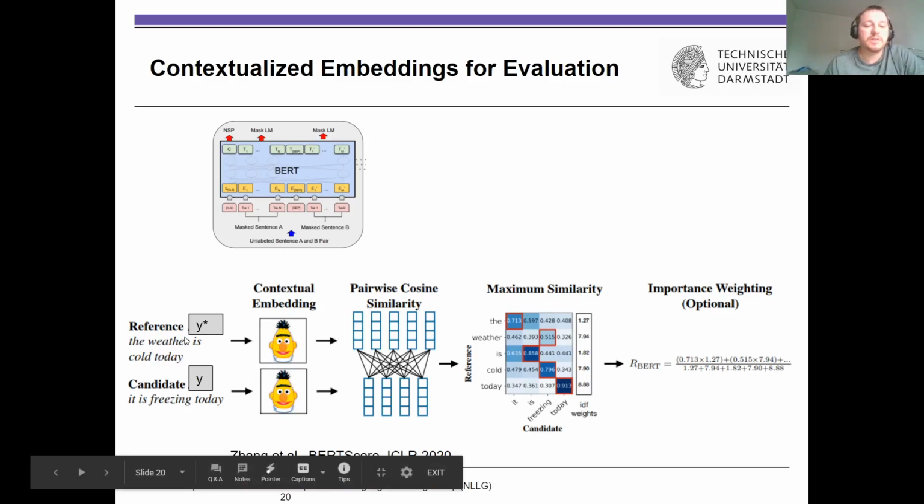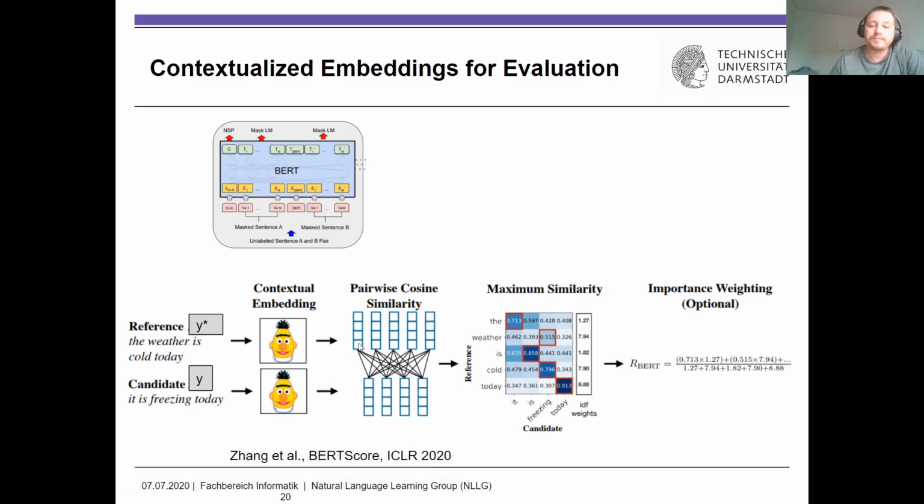So for each word in the reference and each word in the system prediction, we get a contextualized vector out. That could be from some layer of BERT, or you take an average of all of the layers. BERT has 12 or 24 layers, so each word has 12 or 24 vectors. You can average them, or you just take the representation in the last layer.